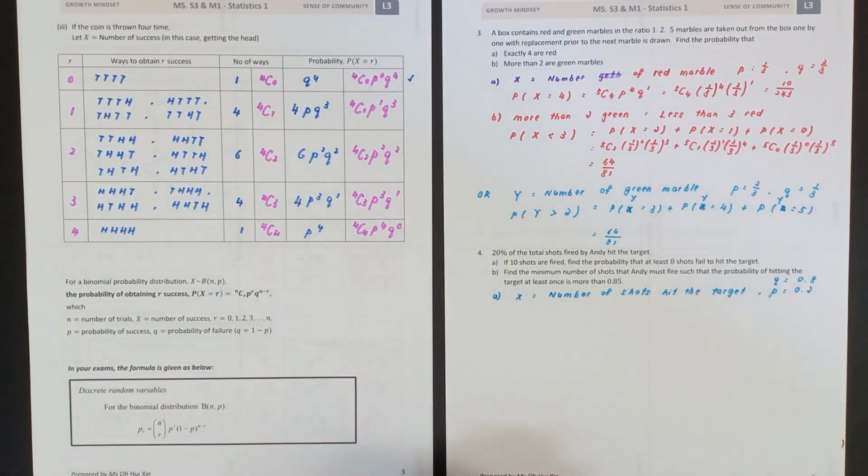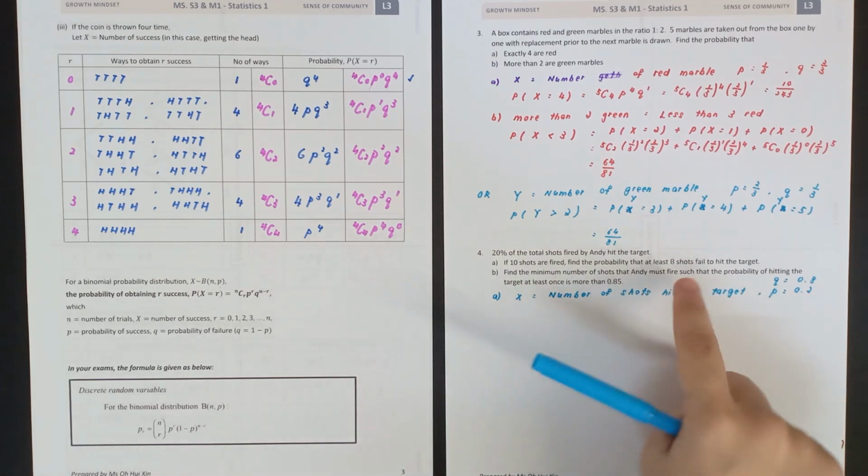Now, if 10 shots are fired, find the probability that at least 8 shots fail to hit the target. Try to think of it this way. If at least 8 shots fail to hit the target, what does that mean? At least 8 shots fail to hit, meaning at most 2 shots hit the target.